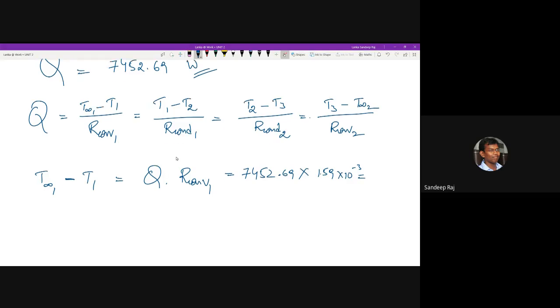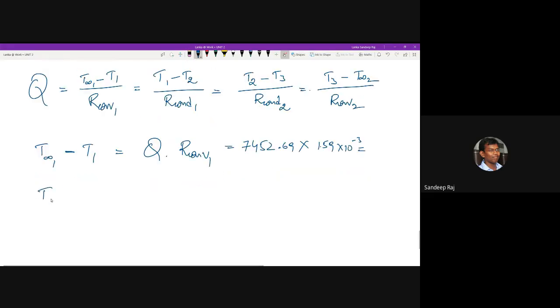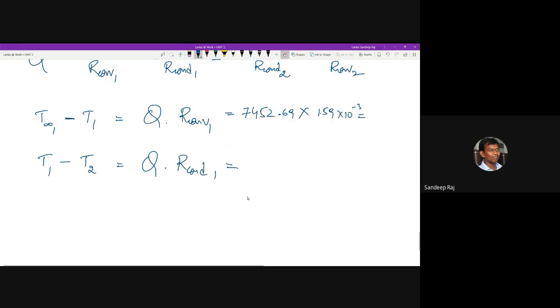Then if I want the temperature drop in the steel tube, it is T1 minus T2, which will be Q into R conduction 1. Substitute the values accordingly.